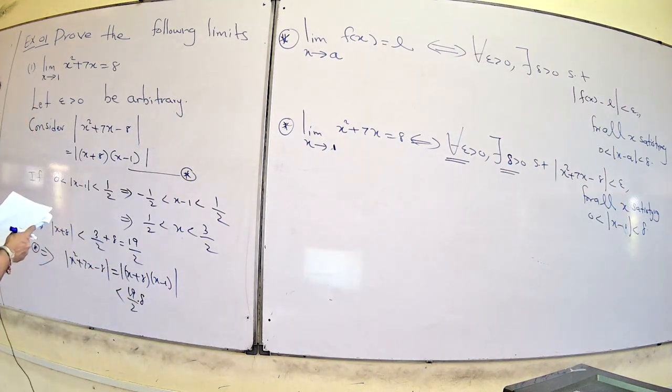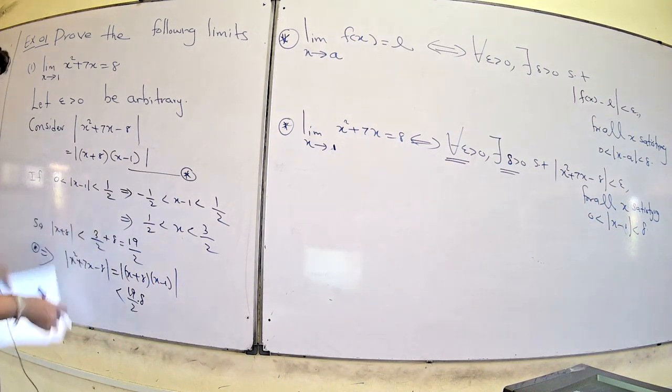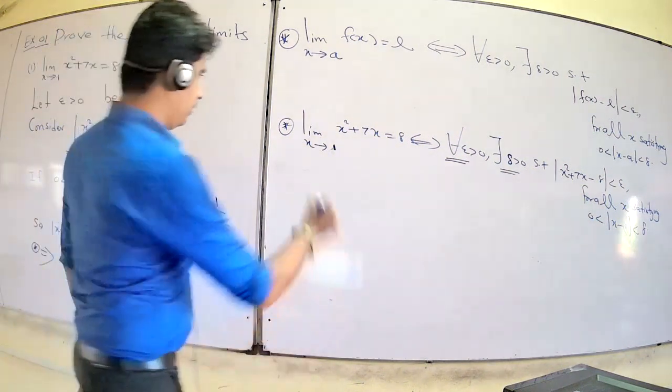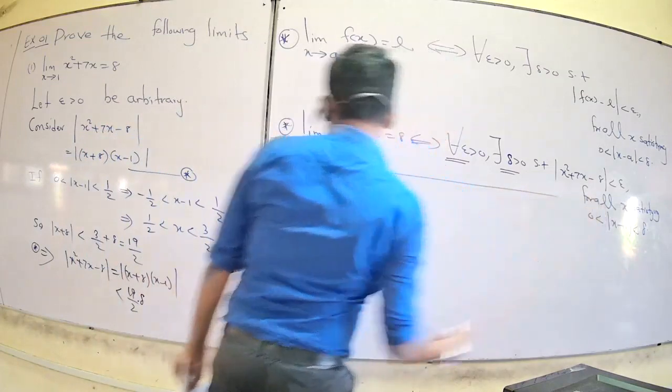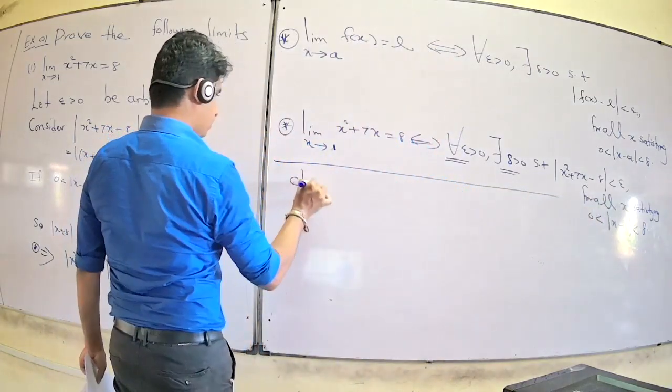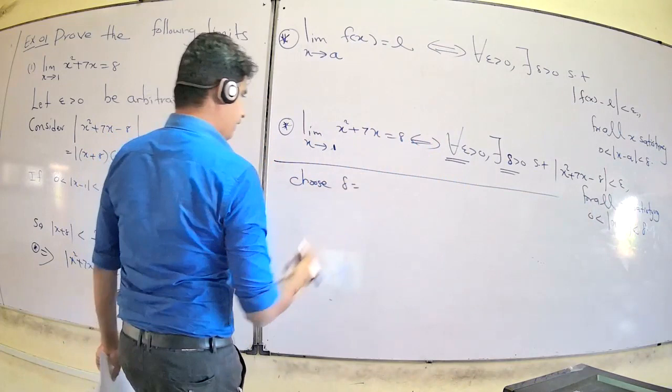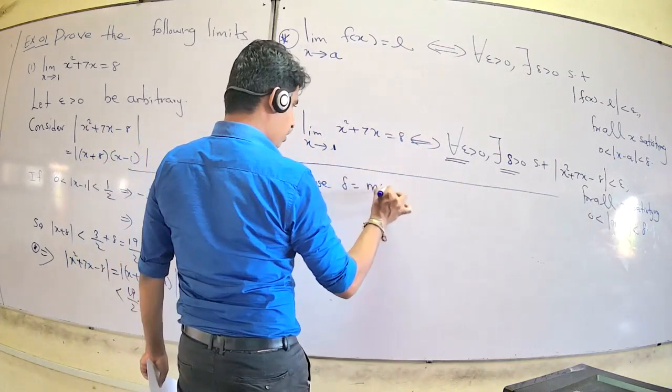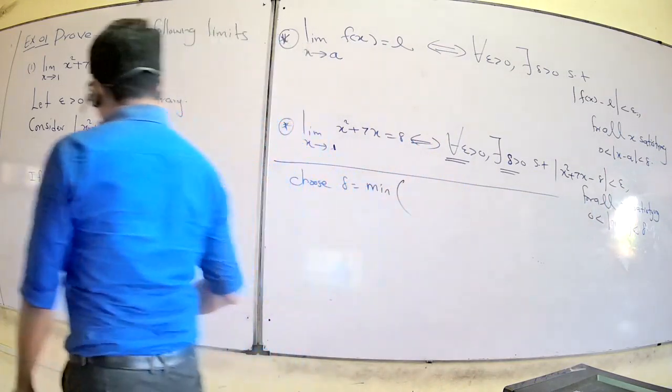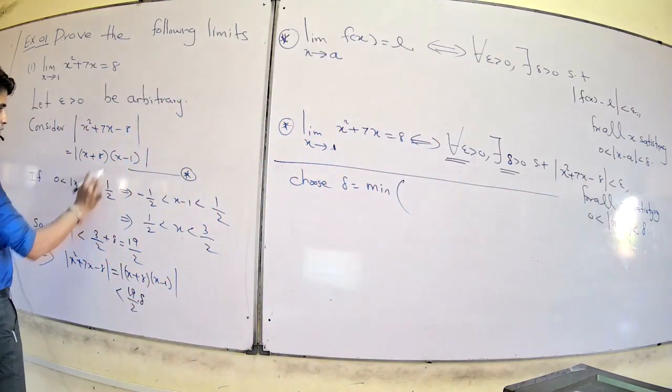For that purpose, we choose delta as the minimum of two values, because you already took one value, half.